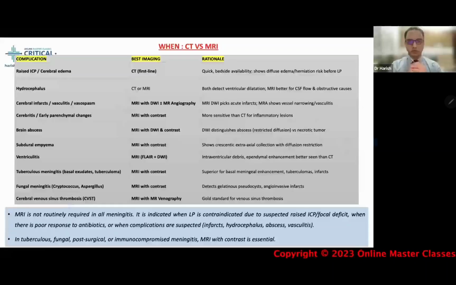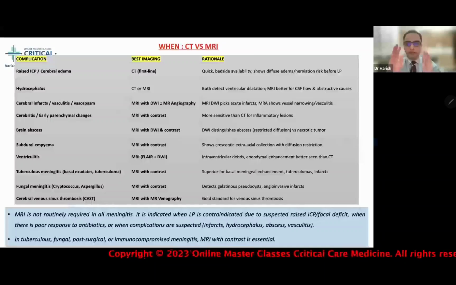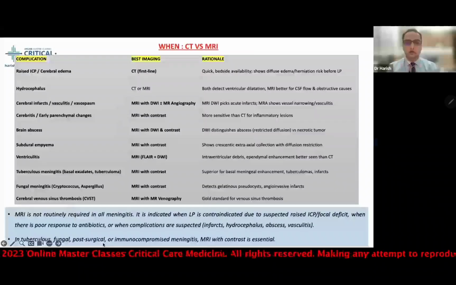When complications are suspected, like infarct, hydrocephalus, abscess or vasculitis, or in case of TB, fungal or post-neurosurgical meningitis, or if the patient is immunocompromised, then we can get an MRI with contrast. Otherwise, not routinely. Our patient is deteriorating on antibiotic, so we can think about getting the MRI.